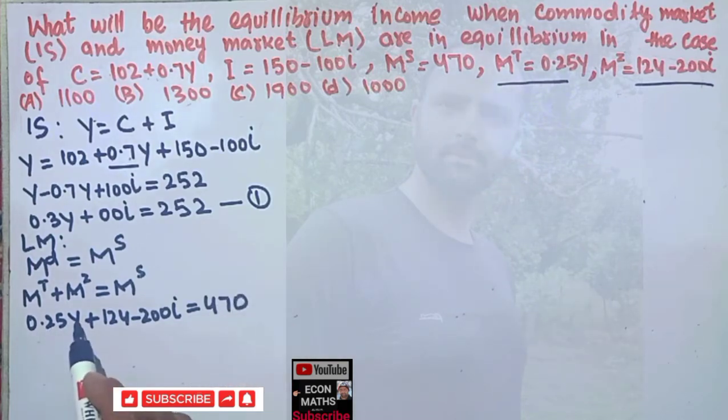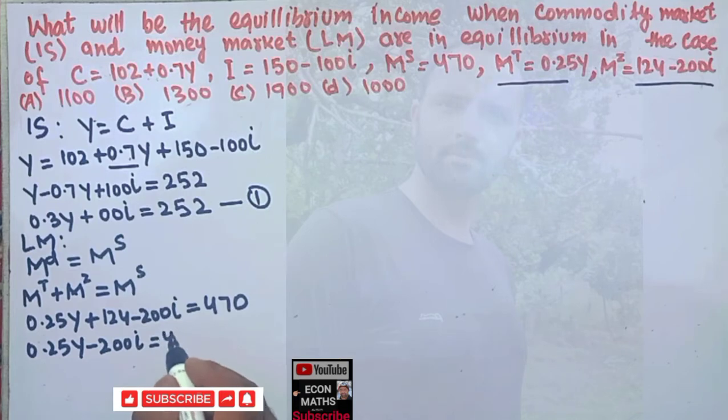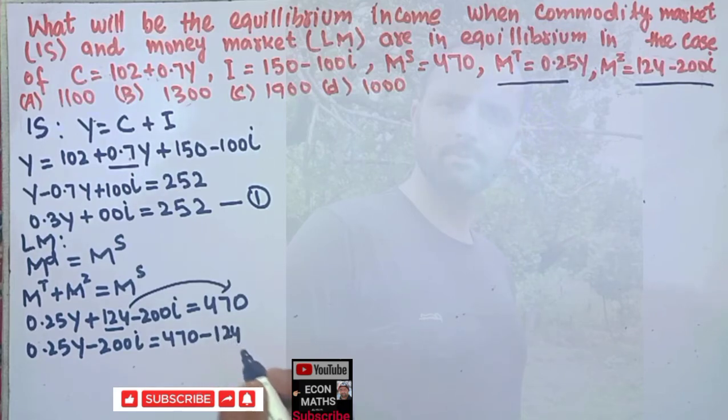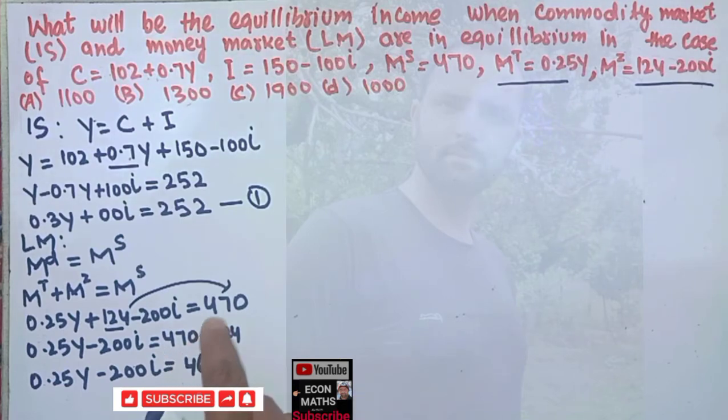So 0.25y minus 200i is equal to 470, and transposing 124 to the RHS, this becomes negative 124. So 0.25y minus 200i is equal to 470 minus 124, which is 346. Let this be equation second.